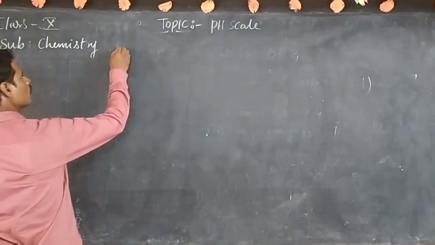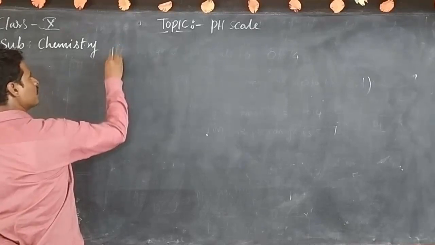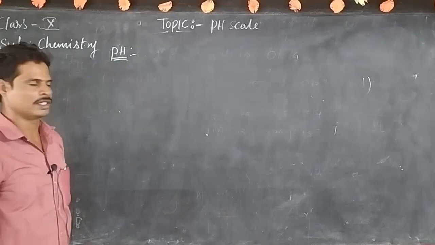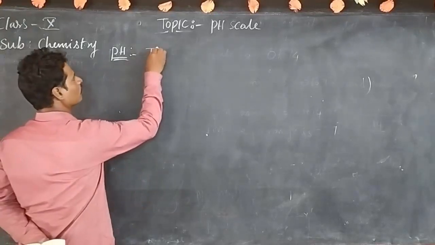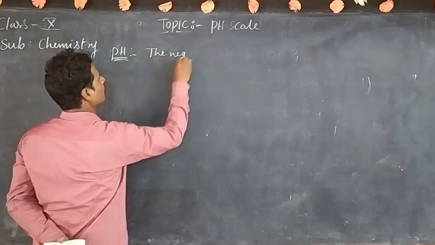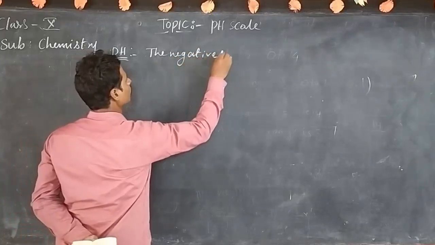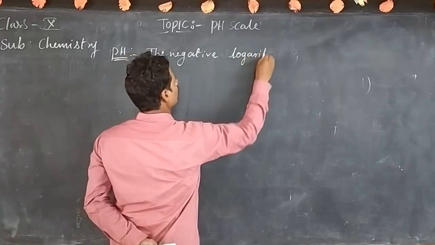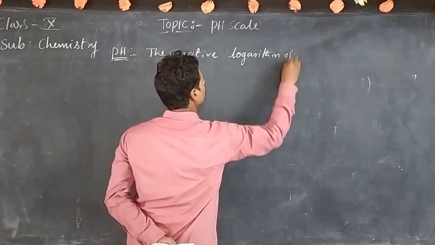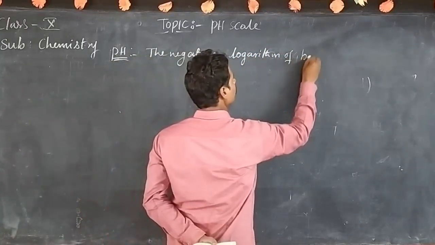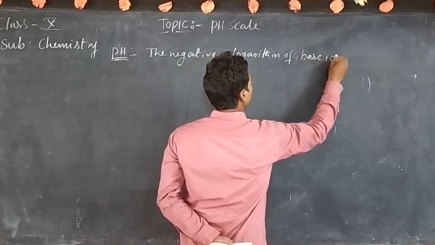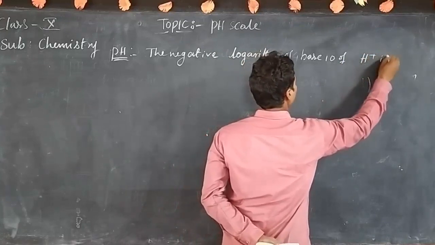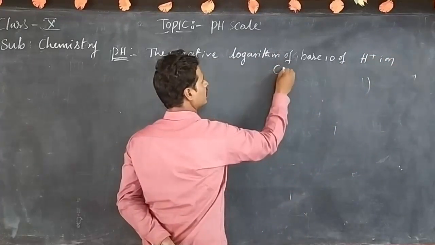Next, what is the definition of pH? The negative logarithm of base 10 of the H plus ion concentration.